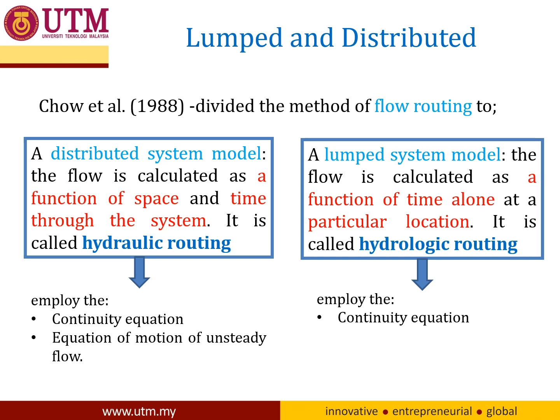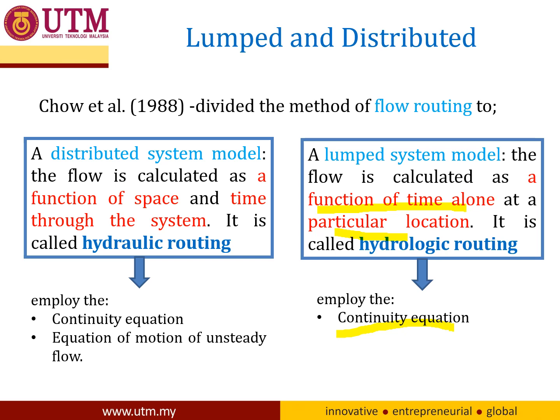And the other one is a lump system model. So we also call it a hydrologic routing. So this is actually calculated as a function of time alone at a particular location. So it only employs the continuity equation. So there's a difference here.